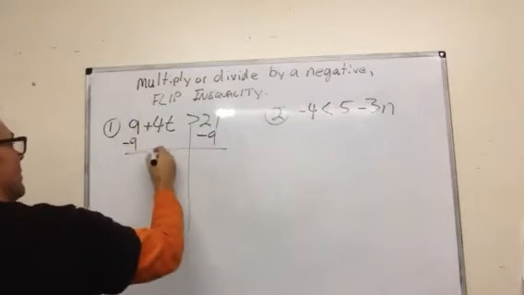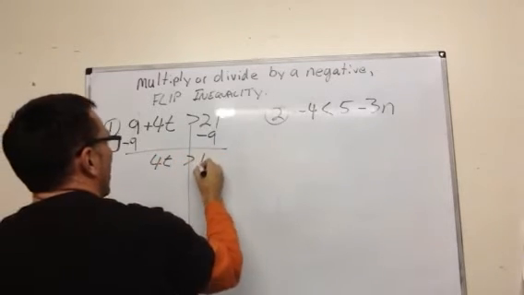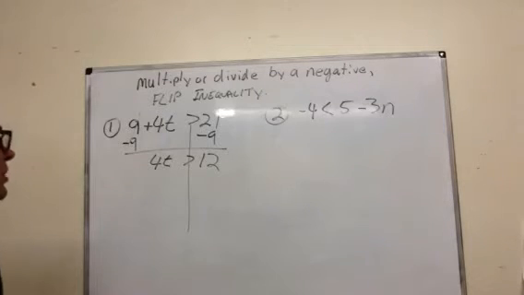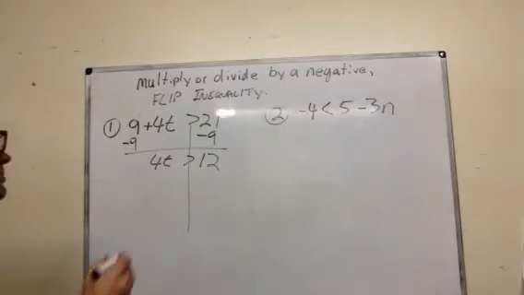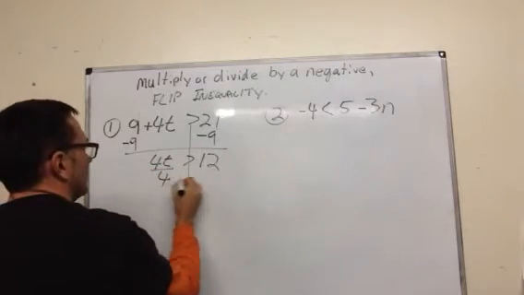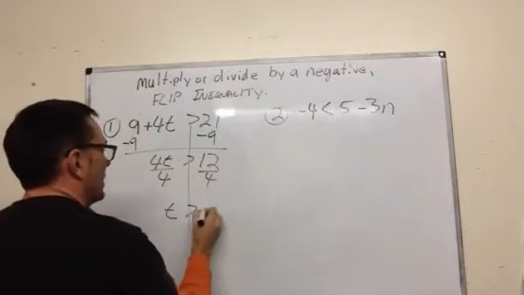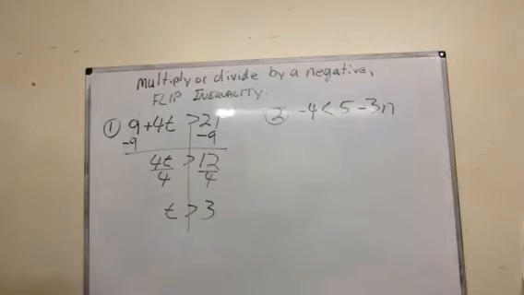This cancels out. We have 4t greater than 12. Now, just like we had before, the 4 is multiplying the t. To do the opposite, we have to divide by 4. Divide by 4 both sides. And we end up with t is greater than 3.